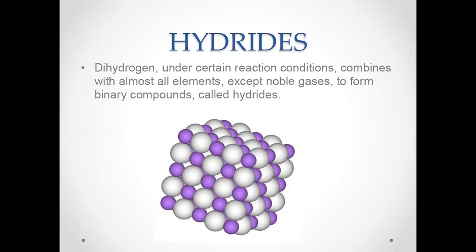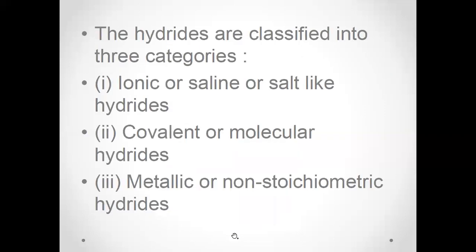In some reactions it can donate an electron, and in combination with others it can accept an electron. But the main thing is it can combine except with the noble gases. Noble gases means helium, argon, krypton, because they do not require any electron, their octet is complete. So dihydrogen under certain conditions combines with almost all elements except noble gases to form binary compounds called hydrides. Clear? So it can combine and form hydrides.